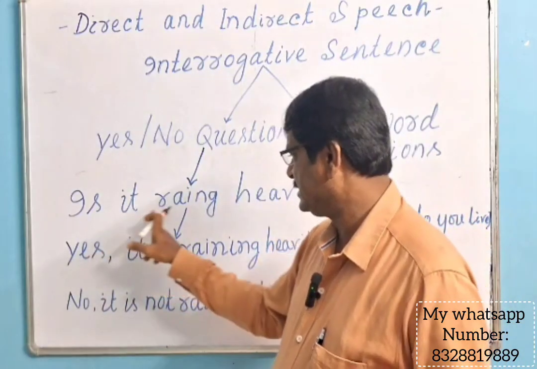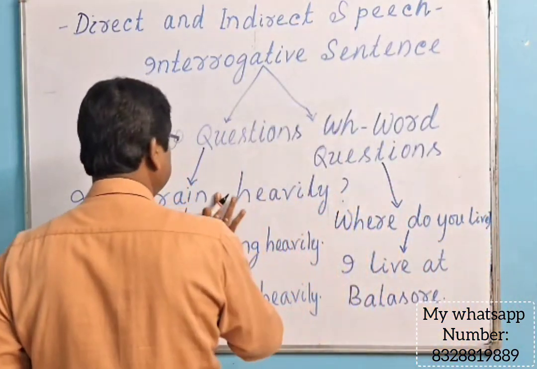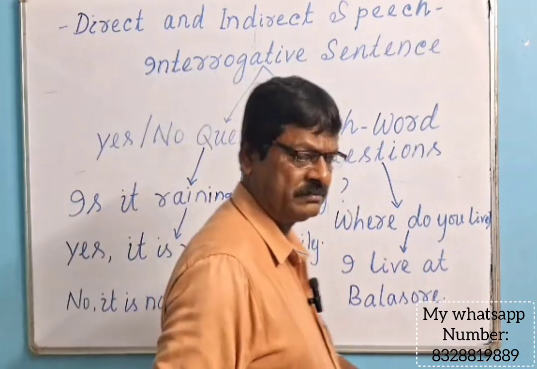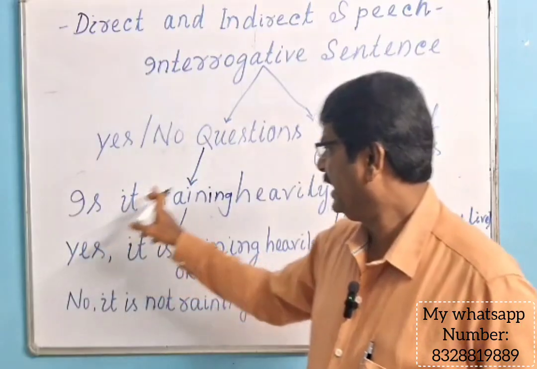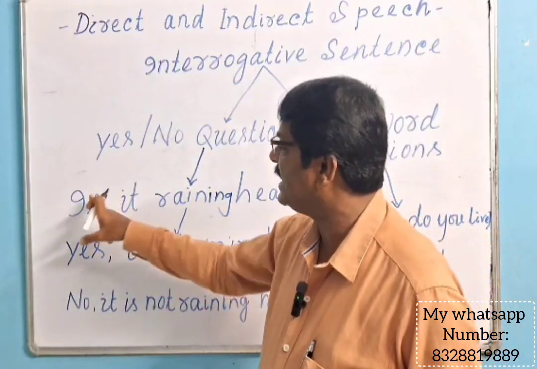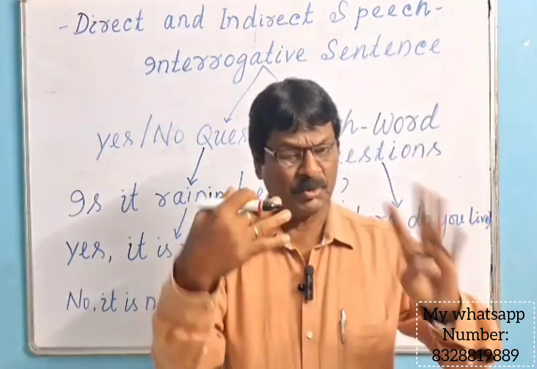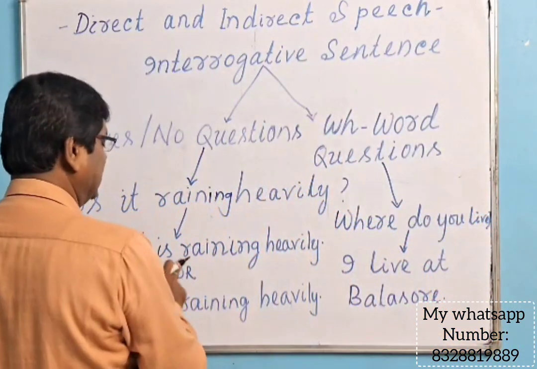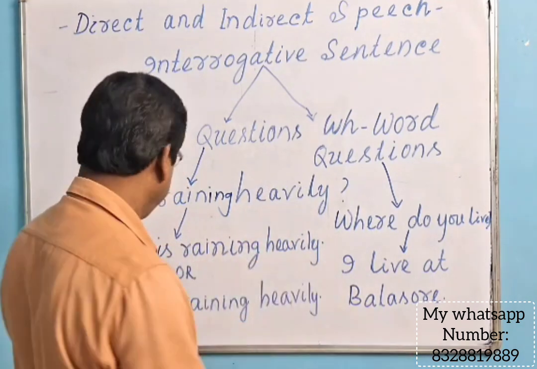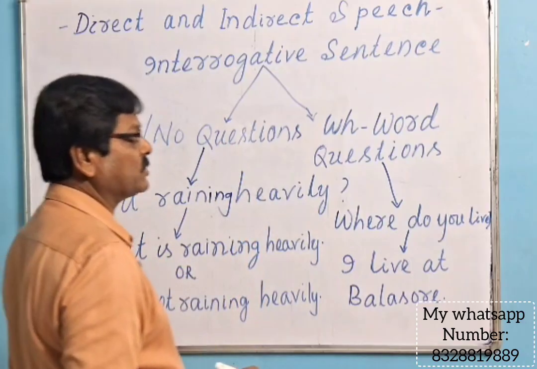For example, is it raining heavily? This is a yes no question. Its answer will be like this: yes, it is raining heavily, or if the answer is negative, no, it is not raining heavily. So it is a yes no question.